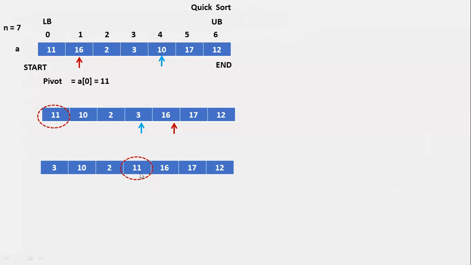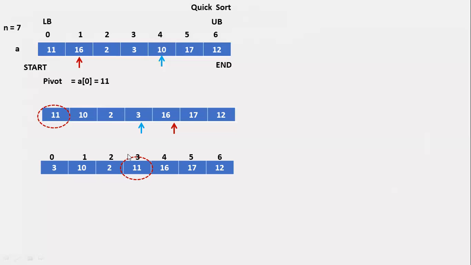The index values are 0, 1, 2, 3, 4, 5, 6. So the pivot element is placed at this particular position, that is with index value 3.